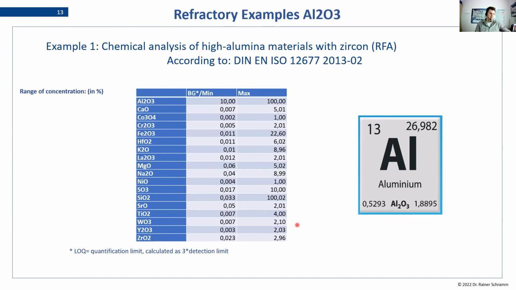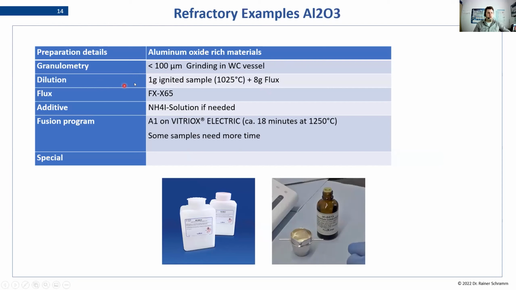Preparation details: we are taking the powder as it should be, with a particle size smaller than 100, so in this case grinding in a tungsten mill is recommended. We then do our fusion. We take 1 gram of the ignited sample. Ignited means we had it in a muffle furnace at 1025 centigrade until mass constant, which usually translates into roughly 1 hour.